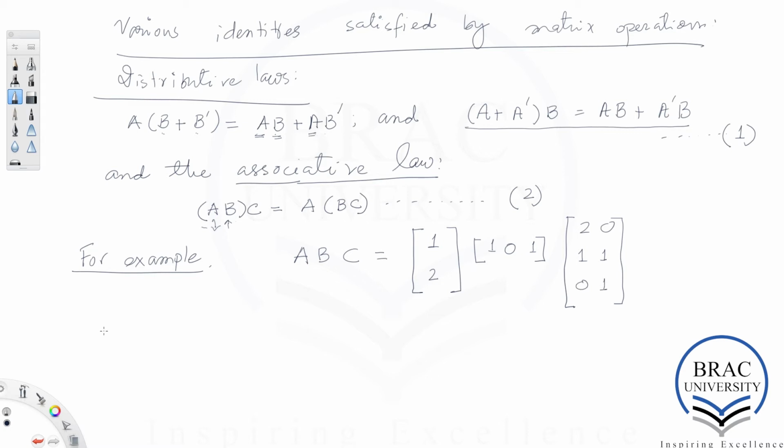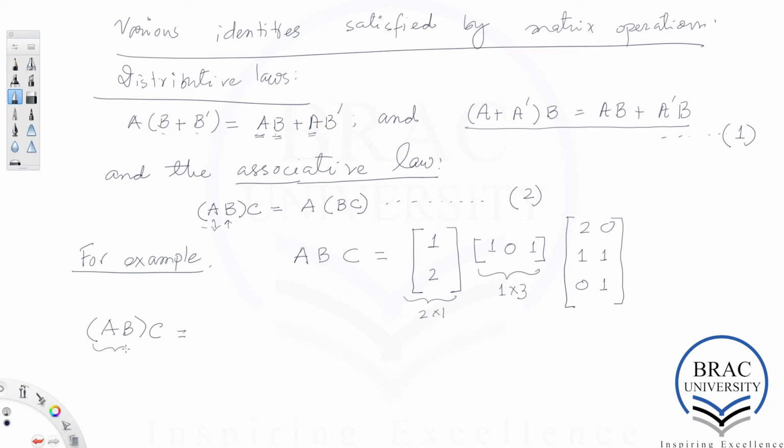Okay, so first we compute (AB) times C. We first multiply A with B and then multiply the resulting matrix with C. When we multiply A with B, see that this is of size 2 times 1 and this is of size 1 times 3.